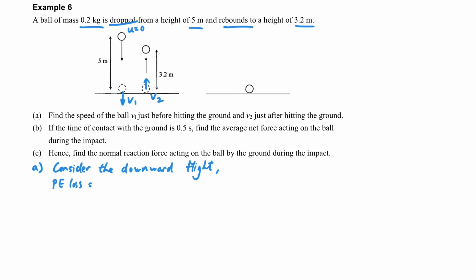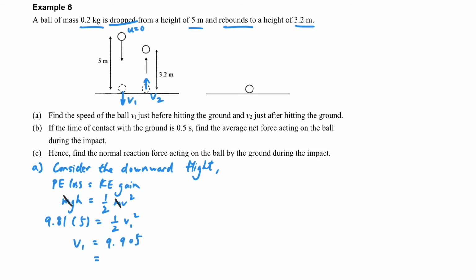So let's consider the downward flight first. By using energy, the potential energy loss is equal to the KE gain, so we can use this expression to find the velocity, V1. With this method, we can also neglect the mass, and directly find V1 here. So we know the speed of the ball before it touches the ground.